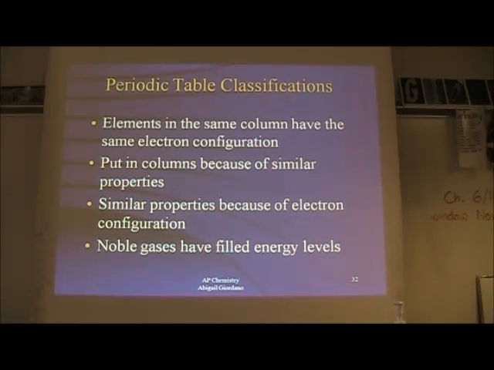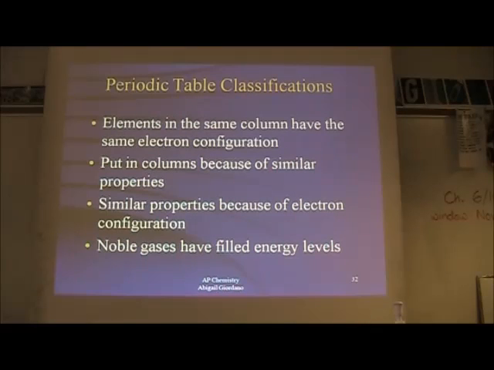And ladies and gentlemen, to tie that in with what we were talking about last class, the reason that is because everything that's in the same family has an electron configuration that ends the same way.